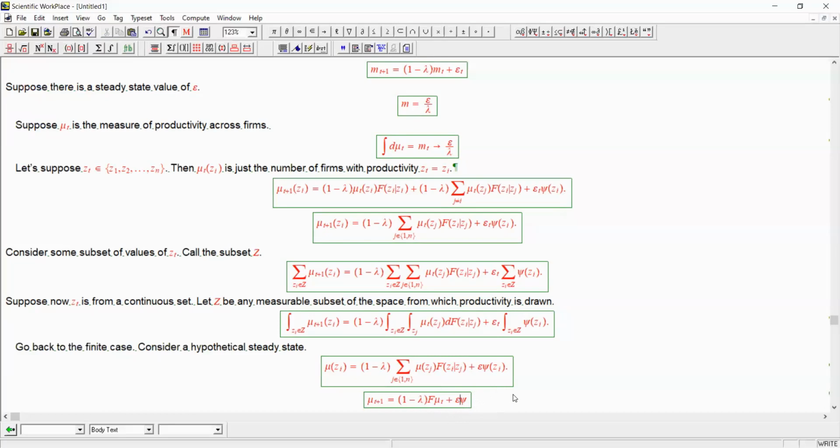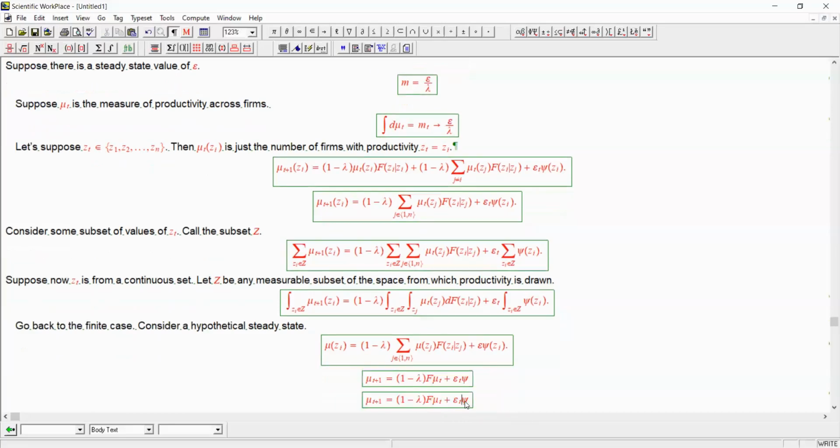Then, if we're thinking about a steady state, so this has reached some constant, we can suppress the time subscripts and see that in the finite case, it's actually pretty easy to figure out what's the steady state, because notice that mu is the same as the identity matrix times mu. Subtract this expression from both sides.